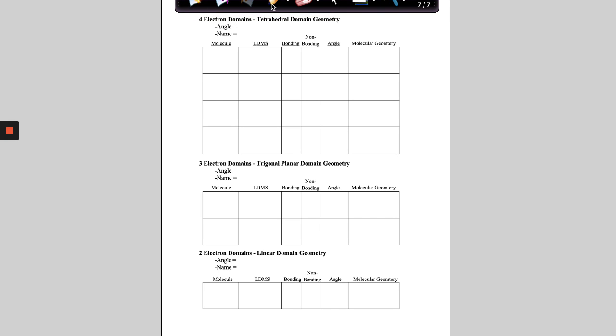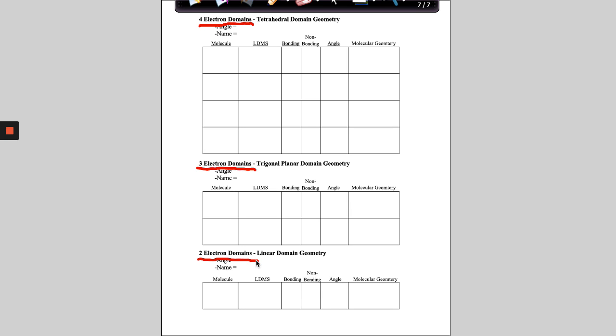Now guys, looking at the back of this page, you'll notice that it's organized into tables, and anytime you see tables, you should be thinking about an organizational structure that brings ideas together in repeated ways. But you'll also notice that these tables are broken into sections, and there are 3 of those sections. If you look at the heading of these sections, you will notice that it says 4 electron domains, 3 electron domains, and 2 electron domains.